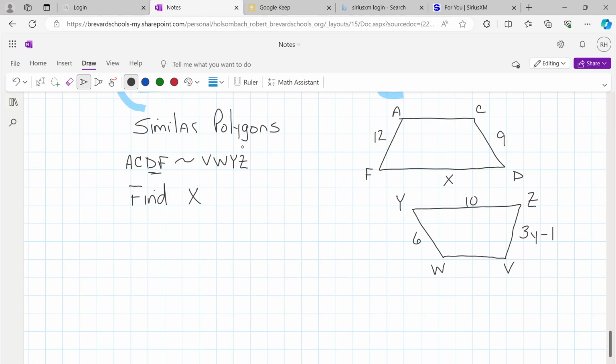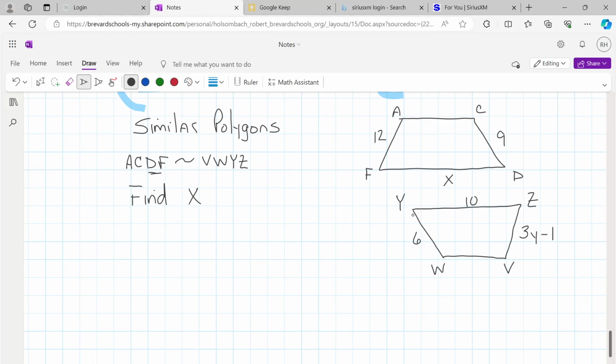We need to align one of these two sides up top, AF and CD, and find out which one of those sides corresponds to this 6. Because when we're solving for x, we don't want anything corresponding to this 3y minus 1.